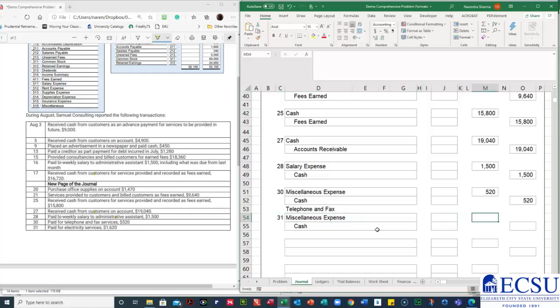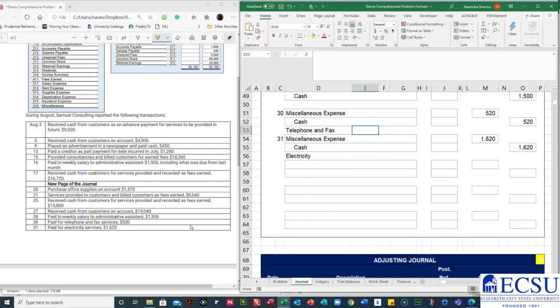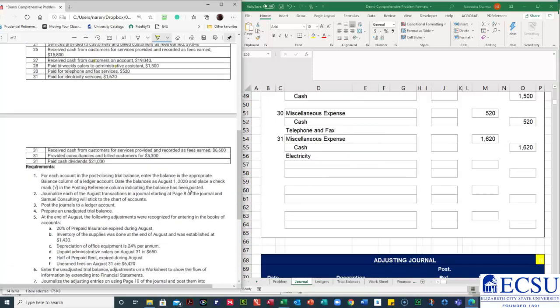Okay, the amount is going to be 1620 and 1620. Now, of course, again, I'll have to write a small note here. That's for your electricity. All right. Now that's your miscellaneous one for August 31st.